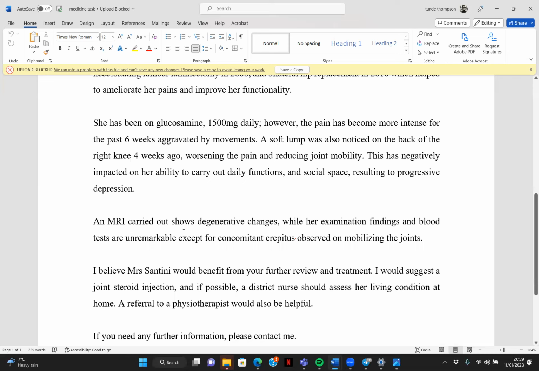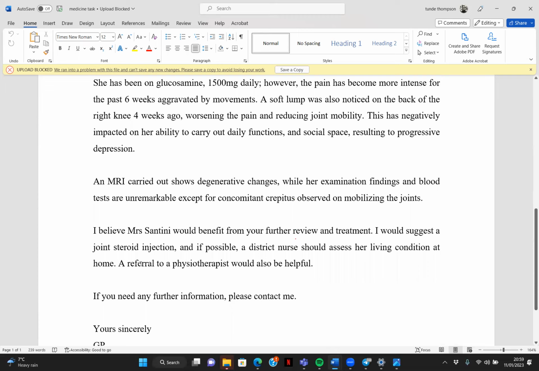An MRI carried out shows degenerative changes, while her examination findings and blood tests are unremarkable, except for concomitant crepitus observed on mobilizing the joints. I believe Mrs. Santini would benefit from your further review and treatment.